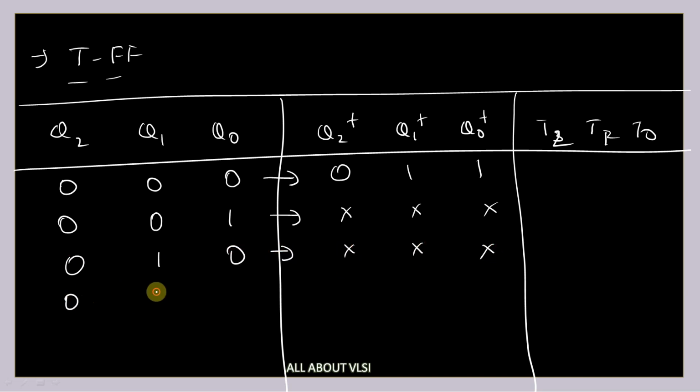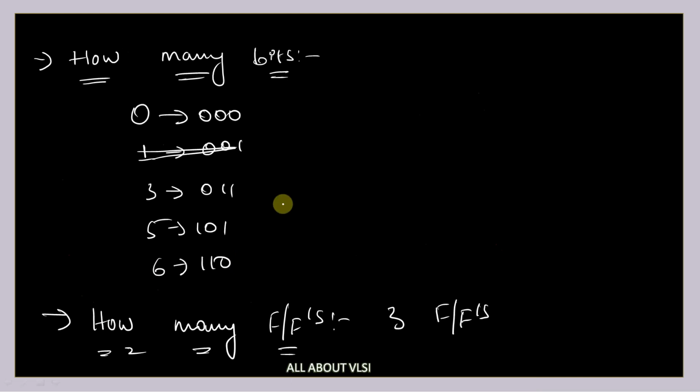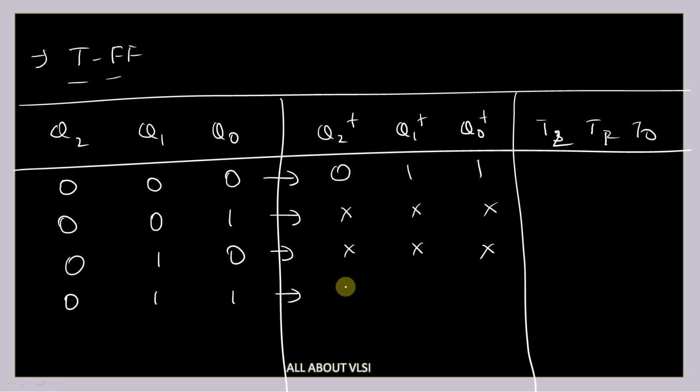If my present state is 3, my next state is 5, which is 101. If my present state is 4, my next state is don't care because there is no such state. If my present state is 5, my next state is 6, which is 110. If my present state is 6, my next state is 0.